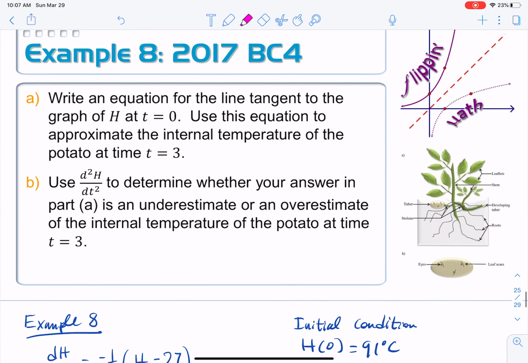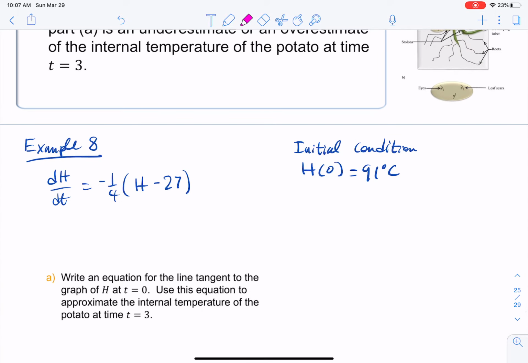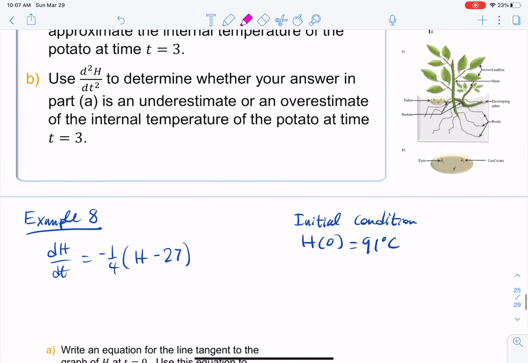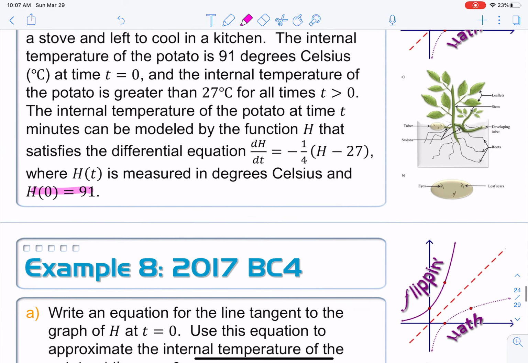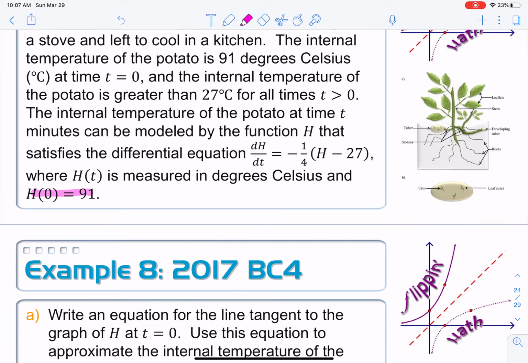Okay. All right. And then there is actually another piece of essential information, something that was probably very easily overlooked, which is right here. The internal temperature of the potato is greater than 27 degrees Celsius.